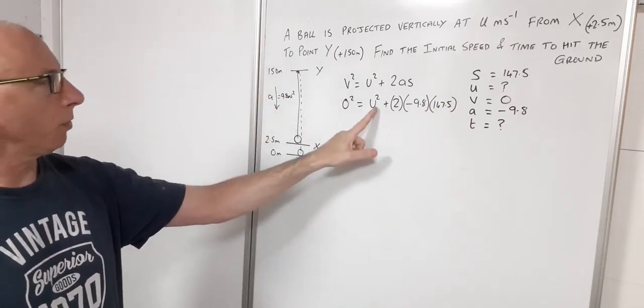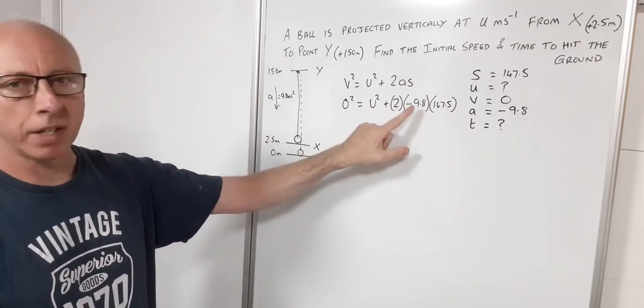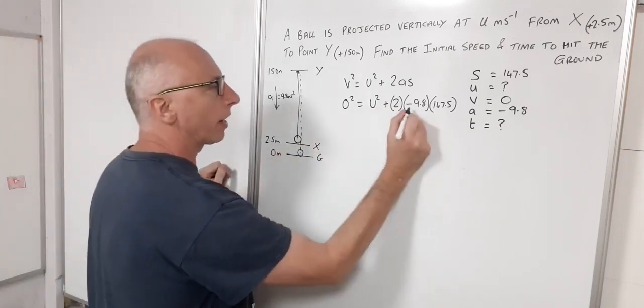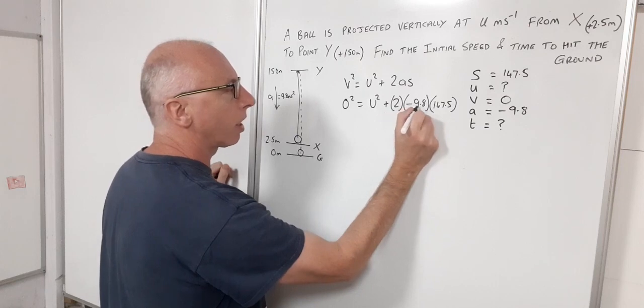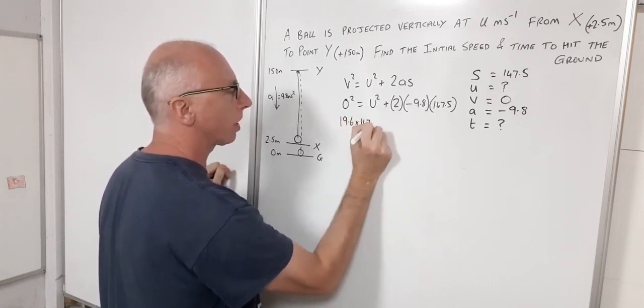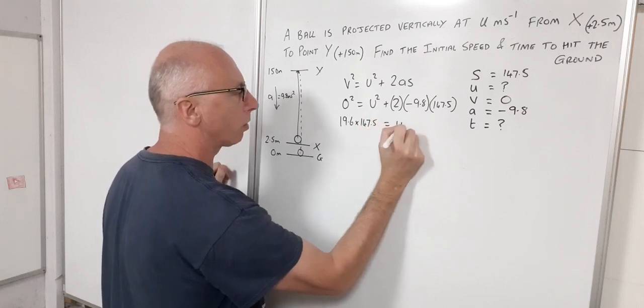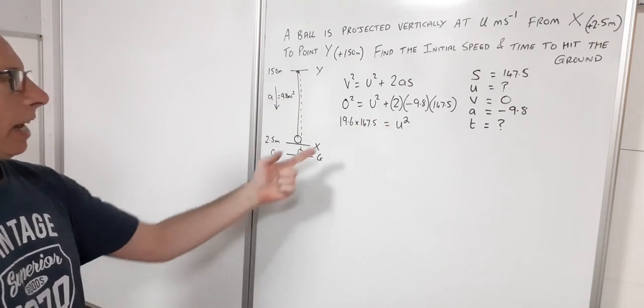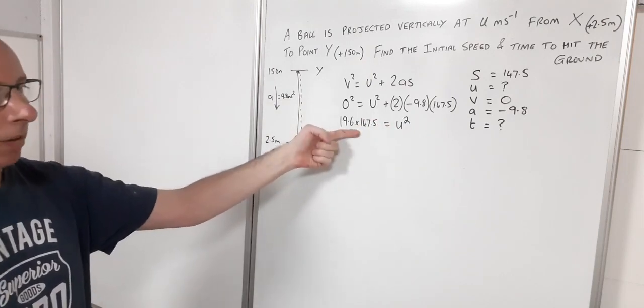This is going to be a minus, so let's put this onto this side and solve for u squared. So I've got 2 times minus 9.8, which gives me 19.6, times 147.5 equals u squared. Now plug that into the calculator.